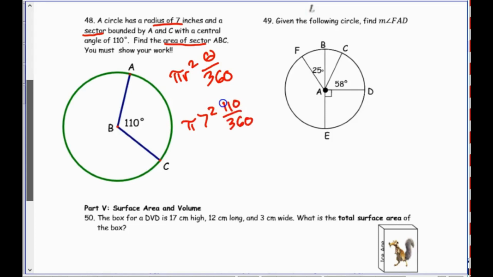So let's type it in. Pi 7 squared times 110 divided by 360, 47.04. And my units are inches squared.